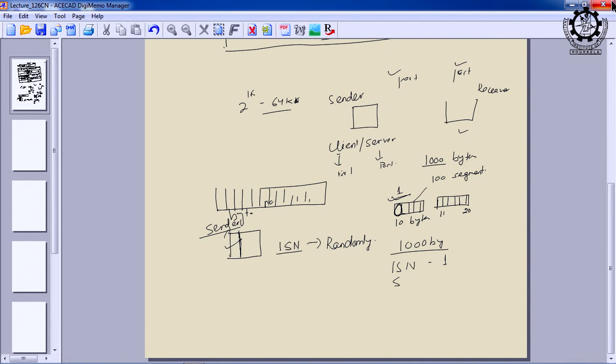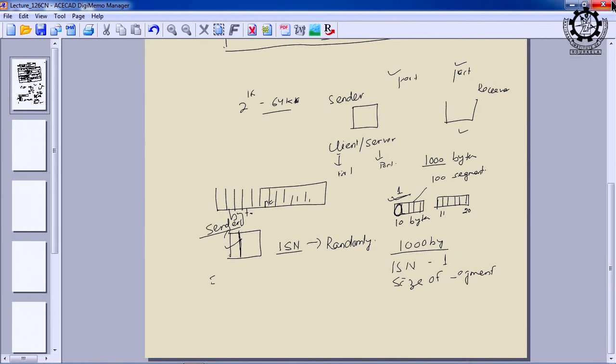And then another thing will be decided: the size of the segment. So, these two pieces of data are there. Now you chop the data into smaller sections or segments. What will be the sequence number of the first segment? It will be 1. And what will be the sequence number of the second segment? The initial sequence number plus the size of the segment, which is equal to 11.